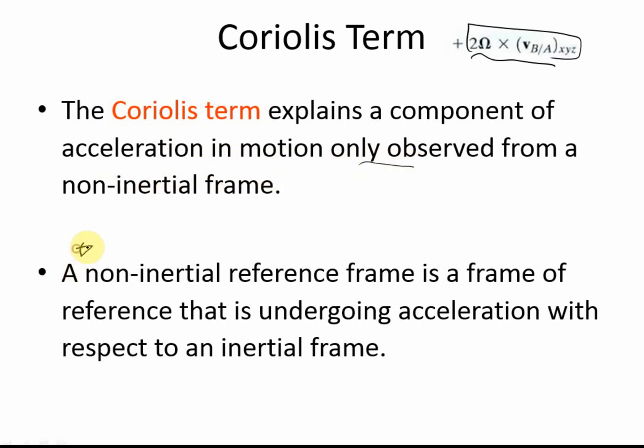So what is a non-inertial frame? A non-inertial frame is a frame of reference that is undergoing acceleration with respect to an inertial frame. So those rotating frames are non-inertial because they're rotating, they're accelerated actually. So in order to explain the phenomena observed from your rotating axis, this Coriolis term explains that kind of deviation of the motions in this case.